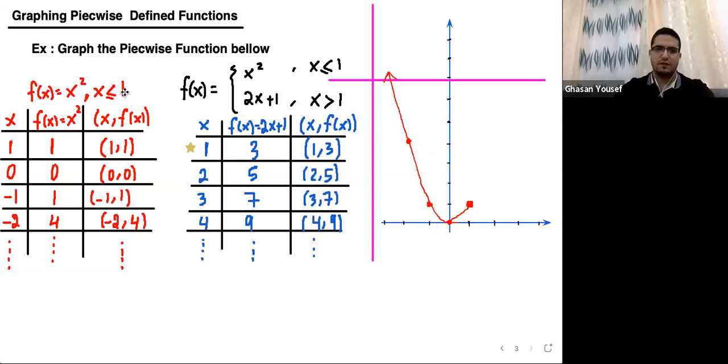This is the graph for the first function, f of x equals x squared when x is less than or equal to 1. Now let's do the second function.